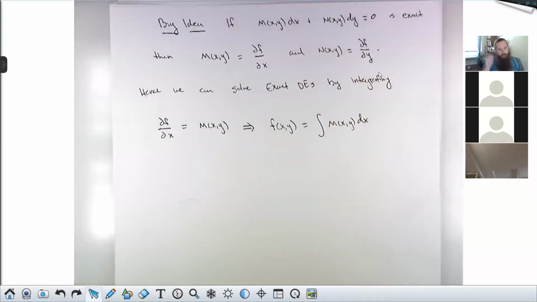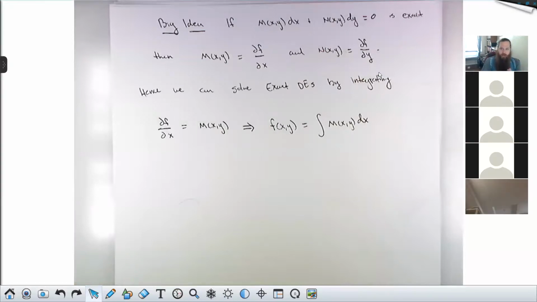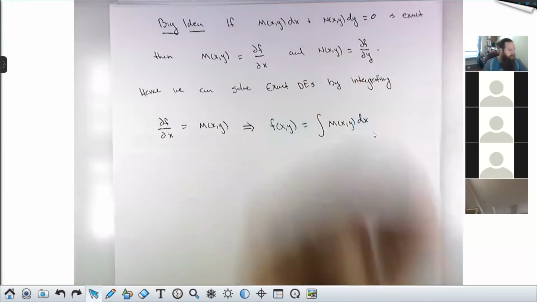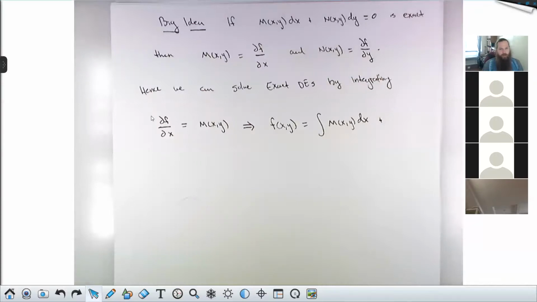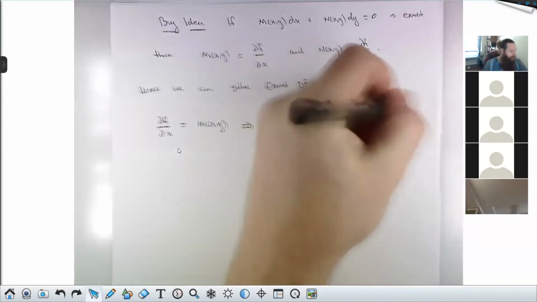And normally when you're working with a function of a single variable and integrating with respect to that single variable, you would get a plus c. But here I'm working with a function of several variables, but I'm integrating with respect to just one of them. So instead of a plus c, what is a constant with respect to the partial d partial x operator? A constant is any function of y.